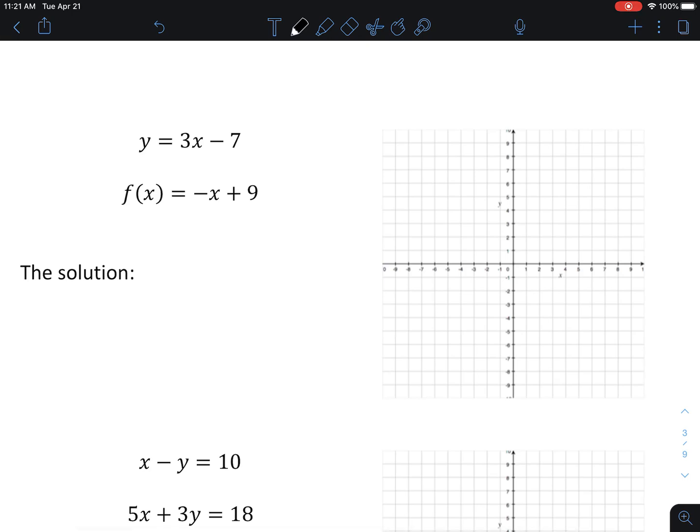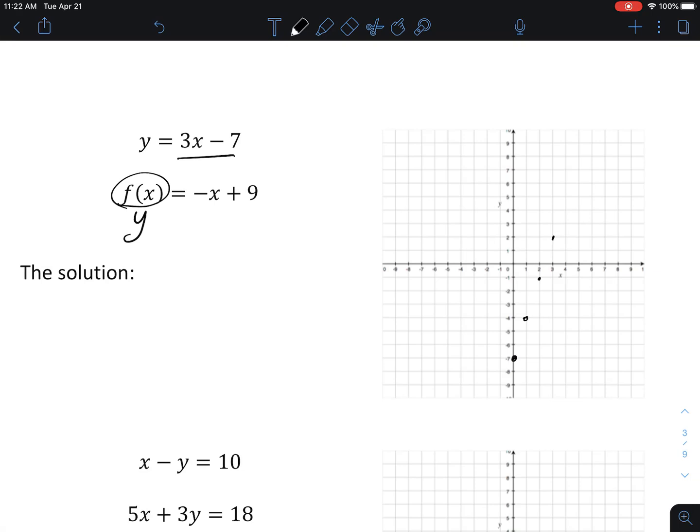In this first example, I have two functions. y is 3x minus 7, and down here f of x is negative x plus 9. Remember that f of x really just means y. So let's graph this one. I'm going to start by plotting the point negative 7, and then use the slope 3 over 1.